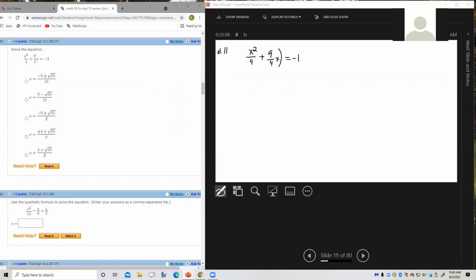So I'm going to multiply both sides of the equation by the least common denominator of 4, 4, and 1, because there's an implied 1 here. So 4 times x squared over 4, the 4's reduce out and I'd have x squared. 4 times 9/4 x, the 4 would reduce out and I'd have 9x. And -1 times 4 is -4. So now I've cleared the fractions out.